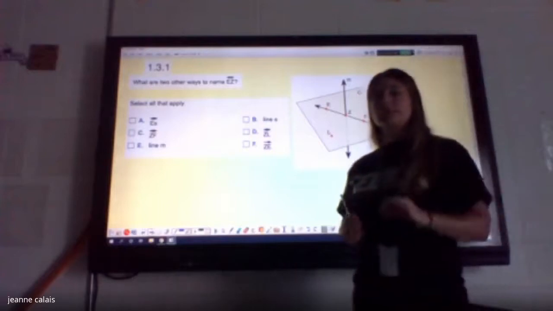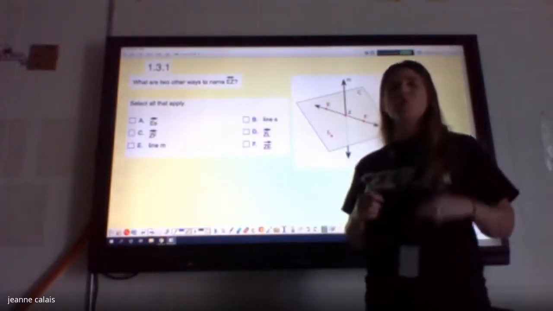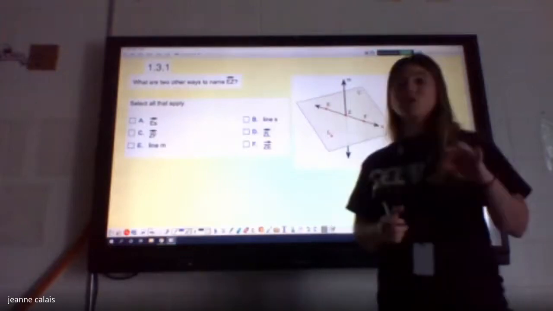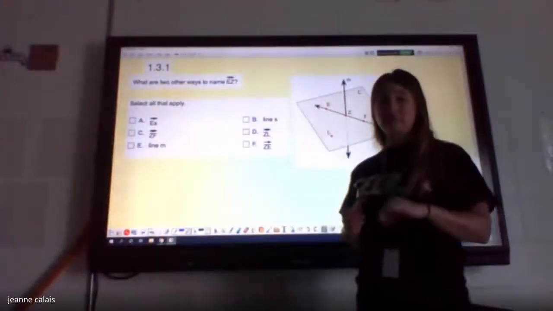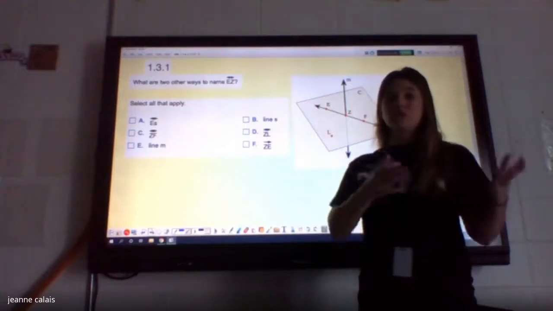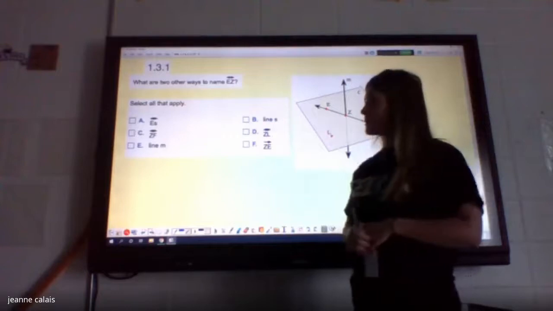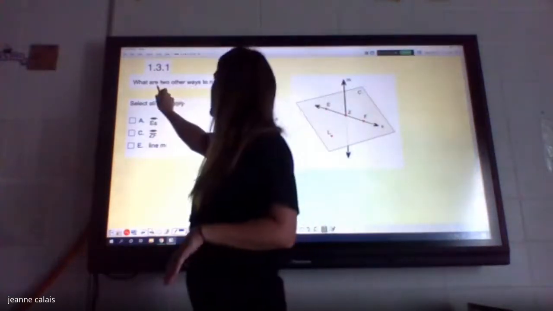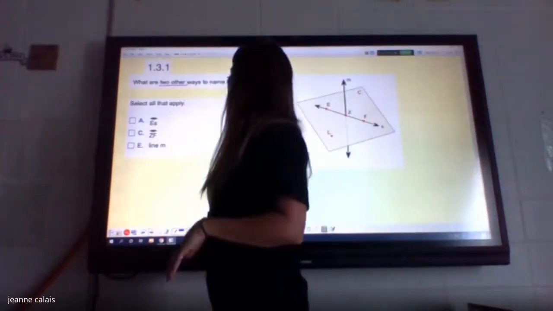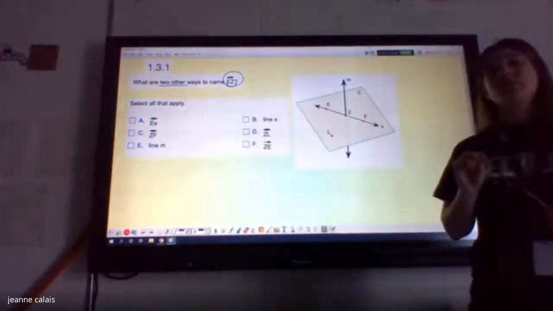When you approach a multi-select question, you have to take each choice as its own problem, okay? Each choice is its own true or false statement. You decide. If it's true, you mark it true, you move on. If it's false, you leave it be and move on to the next choice. So this says, what are 2 other ways to name line EZ? Now, it's important to pay attention to the marking above it.